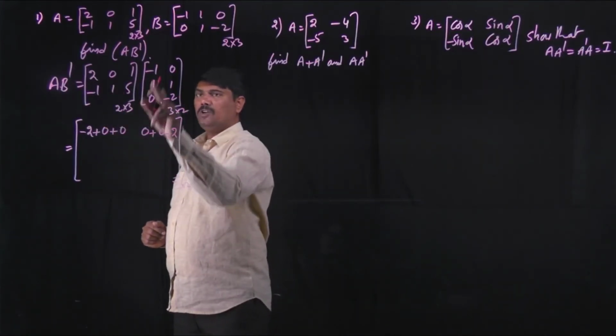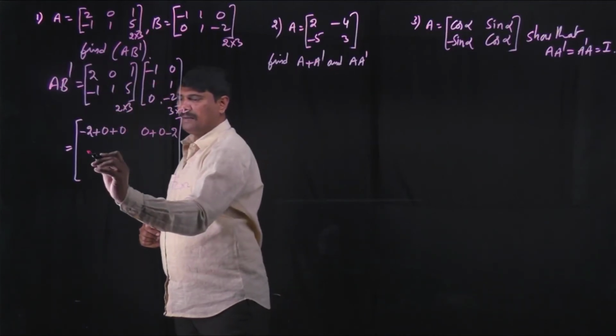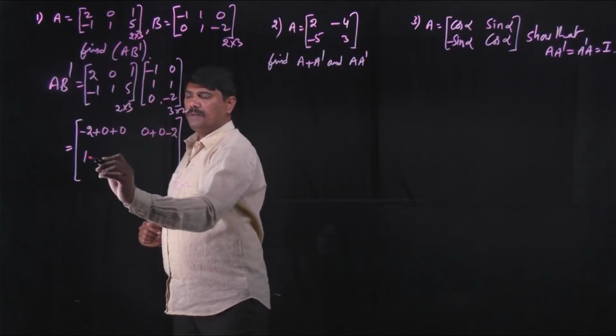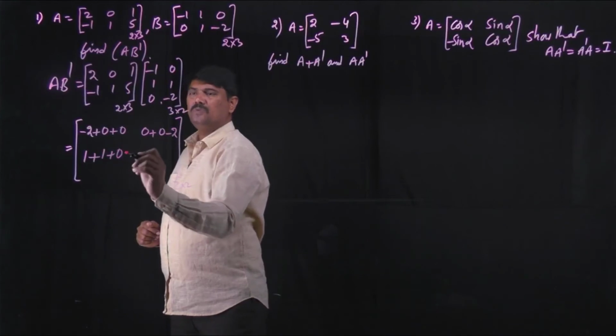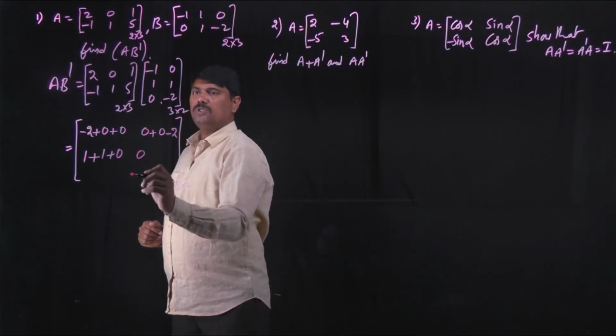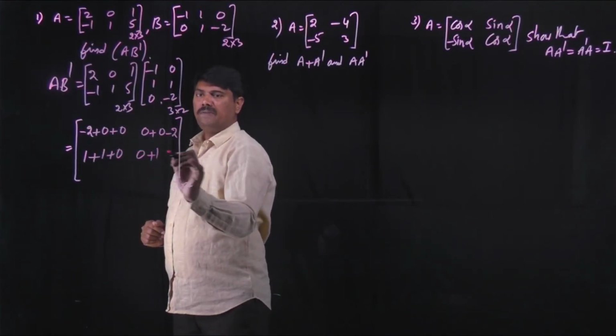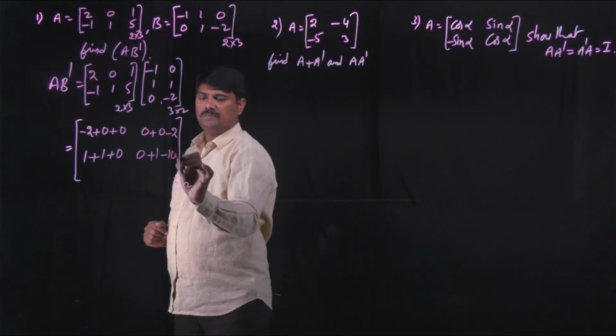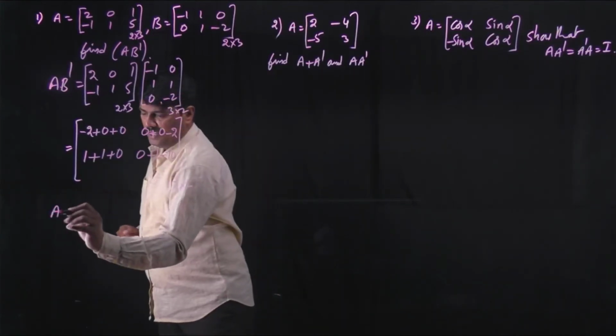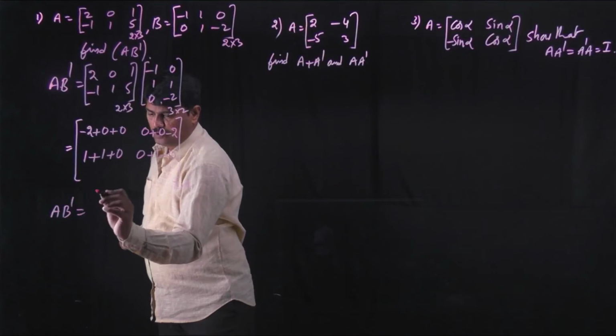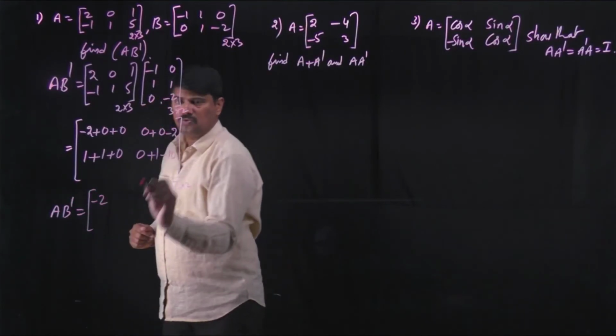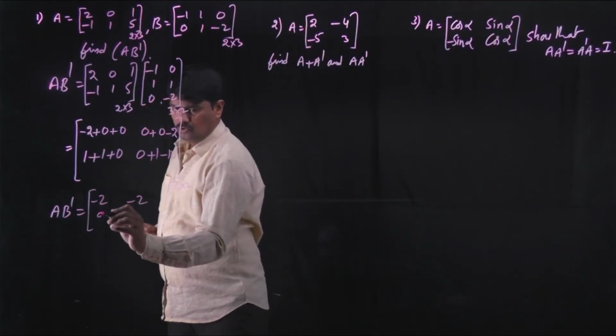Now the second row, first column: minus 1 into minus 1 plus 1 into 1 plus 5 into 0. Then 5 into minus 2 is minus 10. Now the final A into B transpose matrix is minus 2, minus 2, 2, minus 9.